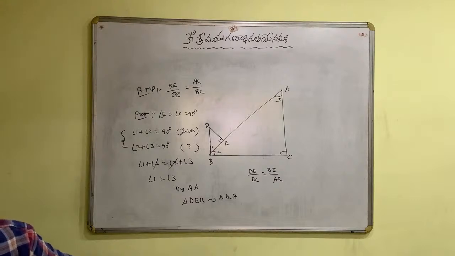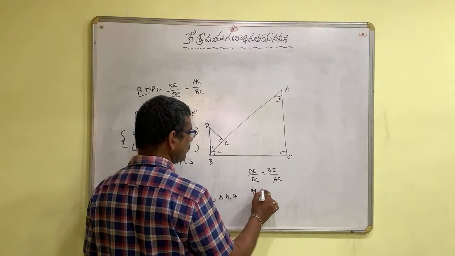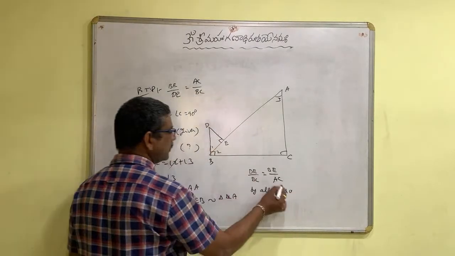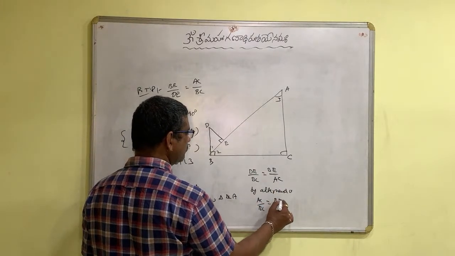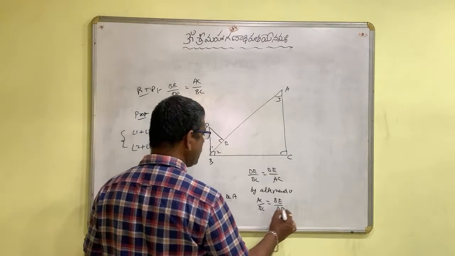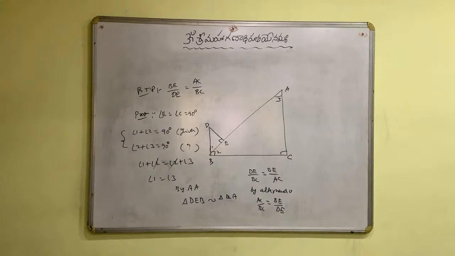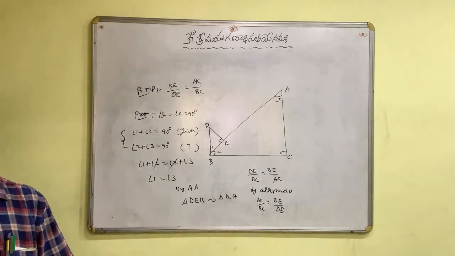Interchanging AC and DE. Very good. Just interchanging. Apply alternando. By alternando, you can interchange: AC by BC is equal to BE by DE. Hence proved.